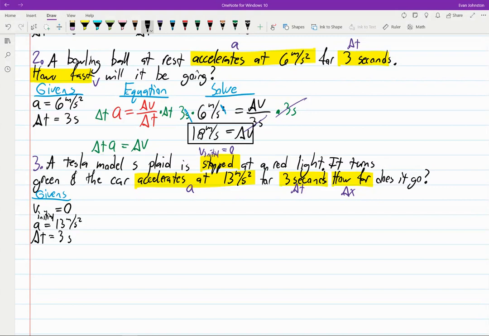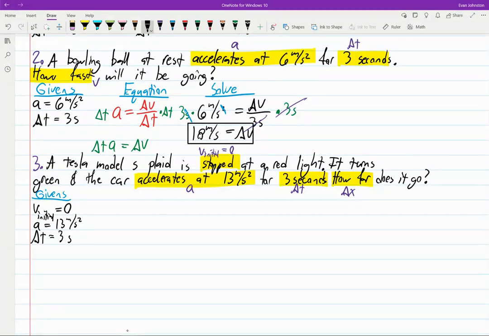Now, I want to mention that delta T is really just the same thing as T: how much time has passed. Typically, you assume you're starting at 0, so if you wait 3 seconds, the time is going to be 3. So we could also just call this T. It doesn't change anything in this case.